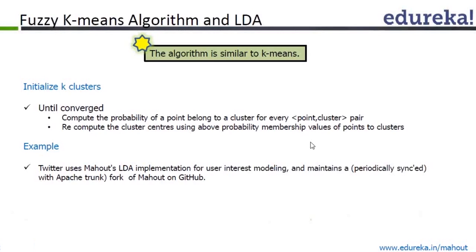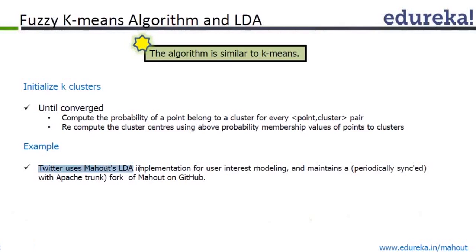Fuzzy k-means is also similar to overlapping clustering, right? It basically assigns each point to each cluster. So that's why we are trying to compare fuzzy k-means with LDA, CVB. Compute the probability of a point belonging to a cluster for every point. Recompute the cluster centers using the above probability membership values of the points to clusters.